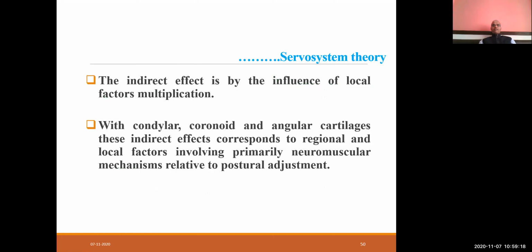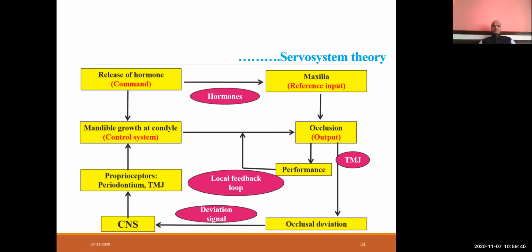So the indirect effect is by the influence of local factors on multiplication. With condylar, coronoid, and angular cartilage, these indirect effects correspond to regional and local factors involving primarily neuromuscular mechanism related to the postural adjustment.